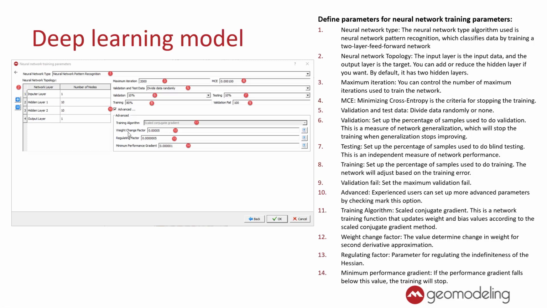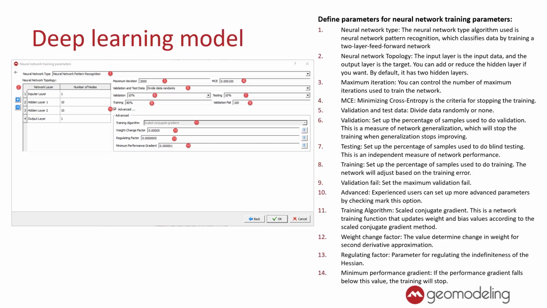The weight change factor is the value determining change in weight for second derivative approximation. And the regular factor is the parameter for regulating the indefiniteness of the Hessian. The last one is the minimum performance gradient. If the performance gradient falls below this value, the training will stop.